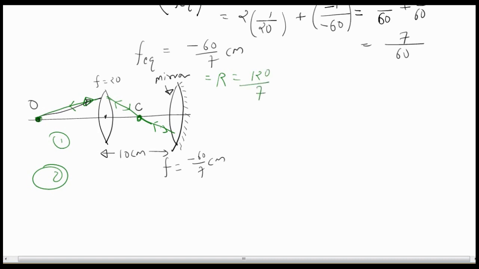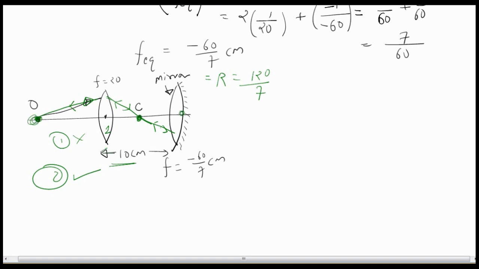It is much larger than the 10 centimeter distance. So it is not possible for the first lens to create an image at the center of curvature of the mirror. So the first method is not possible. Hence we will go with the second case, in which the image of this object is formed at the pole of the mirror.